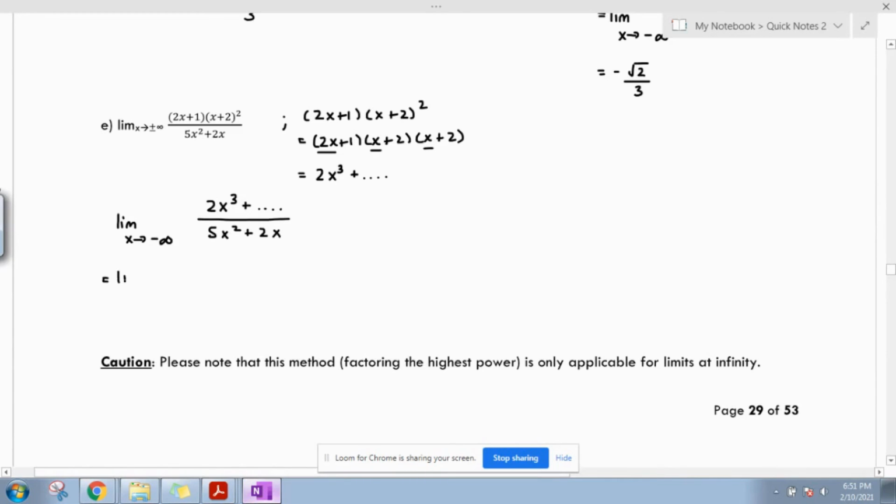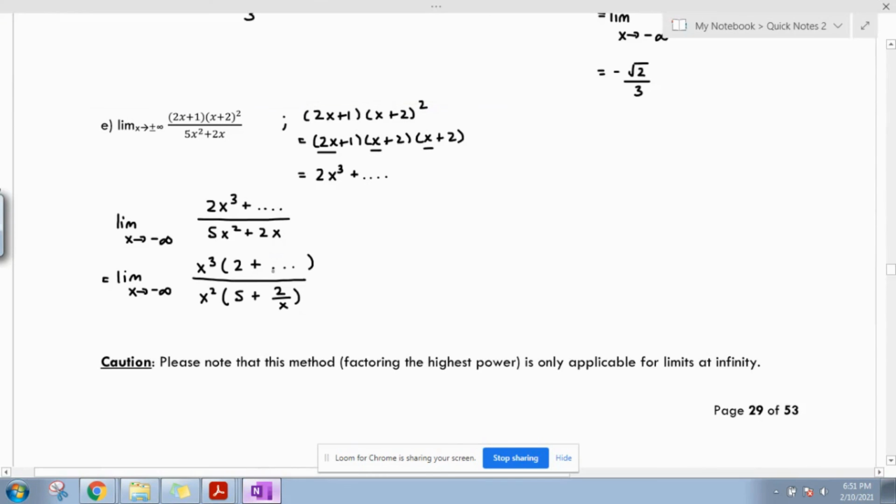So technically, you've got the limit as x approaches negative infinity. If I factored out the x³, I would be left with 2 plus all of this stuff at the back would have ended up in a fraction, right? It would have been like something over x², something over x, something over x³. In my denominator, if I factor out x², because that's the highest exponent of x down there, I would be left with 5 plus 2 over x.